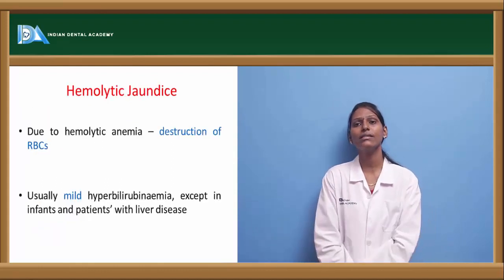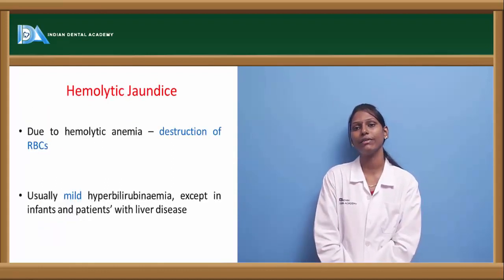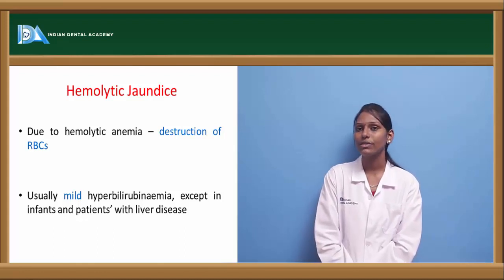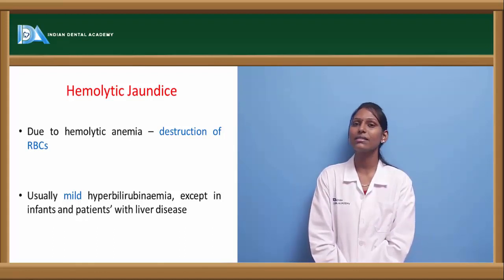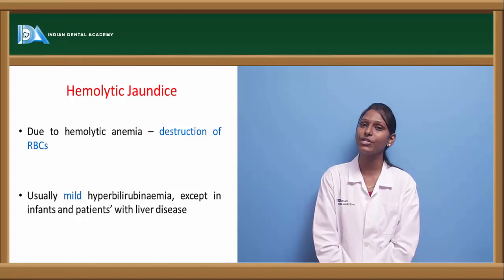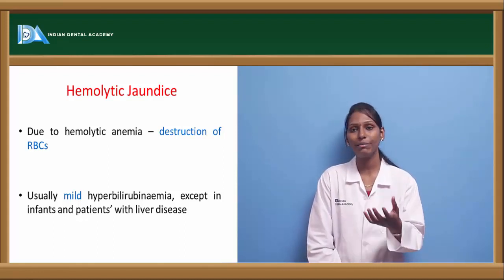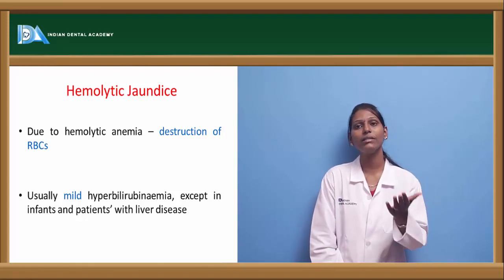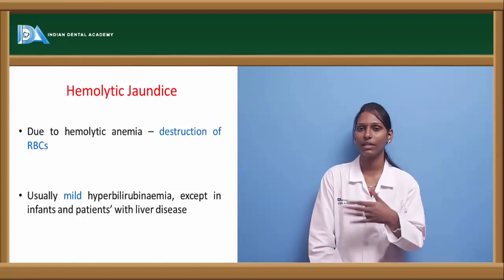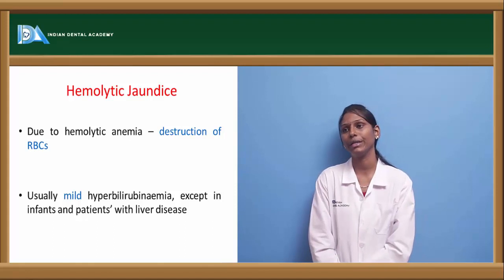Hemolytic jaundice is due to hemolytic anemias, for example spherocytosis or sickle cell anemia. In this condition, there is premature breakdown of RBCs, resulting in excess heme production. This heme gets catabolized, giving rise to an excess amount of bilirubin.